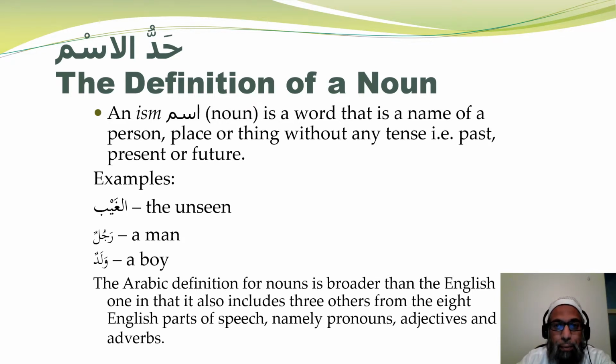Whereas in Arabic, pronouns, adjectives, and adverbs all fall under ism, under nouns. So these 3 are just different types of noun. So it's just a difference in the convention of how you want to go about teaching the subject, how you want to classify it.